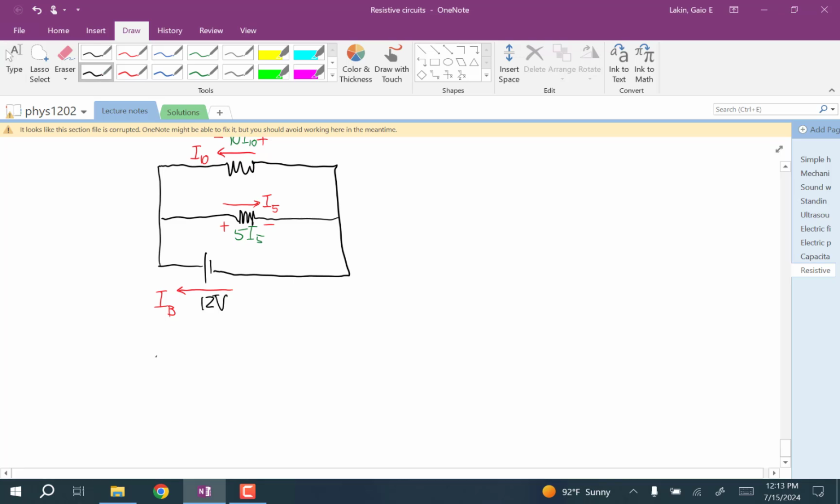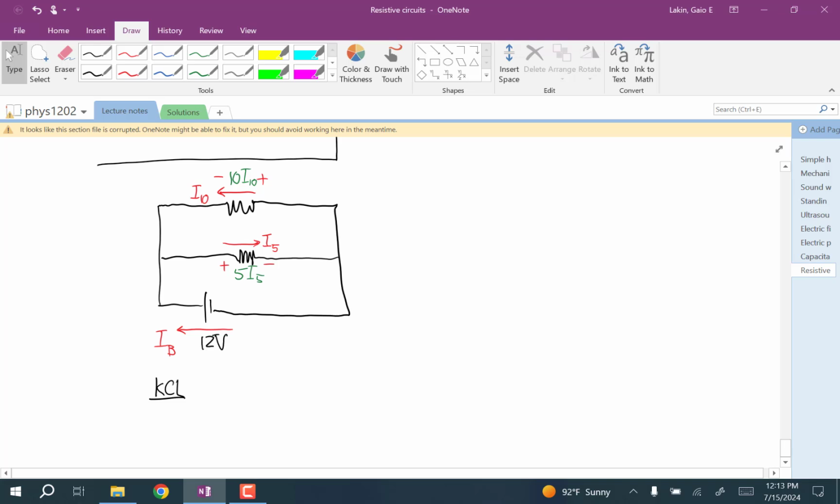And now we'll go to Kirchhoff's current law. So first I'm going to use this node. And you can see going into that node is IB. Going out of that node is I5.